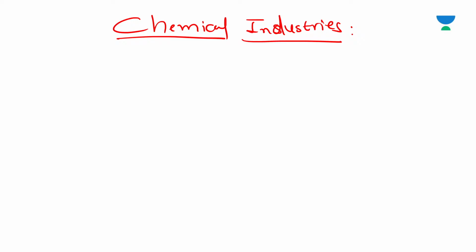So, inorganic chemicals include sulfuric acid, nitric acid, alkalis, soda ash, which is used to make glass, soaps, and detergents, paper, and caustic soda. Now, these industries are widely spread over the country.